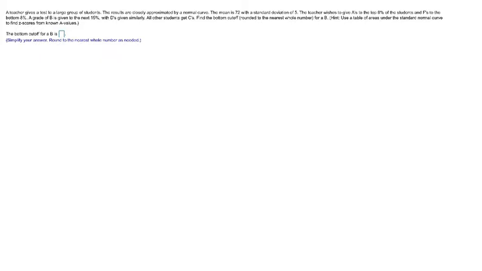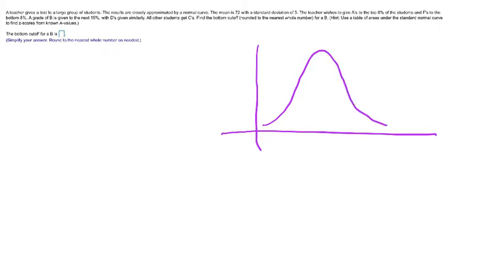So the idea is that we have a normal distribution of scores. And that normal distribution is going to look something like this, where we're told that our mean, our highest point, is going to be at 72, and the standard deviation is 5.